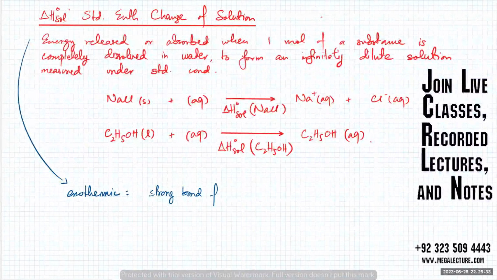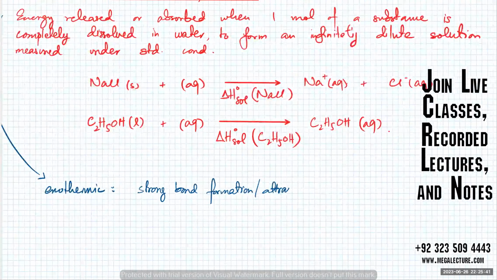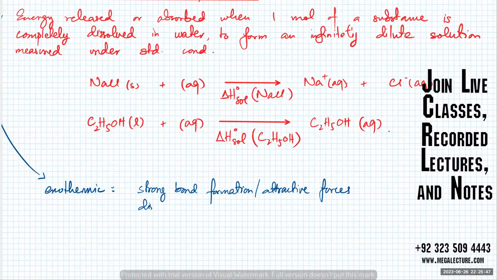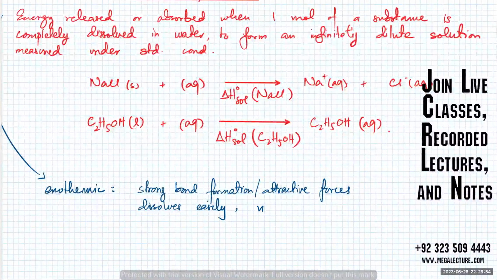So that means there's strong bond formation, attractive forces. So it dissolves easily. That's why energy is being released. And it's going to be more soluble at even lower temperatures.